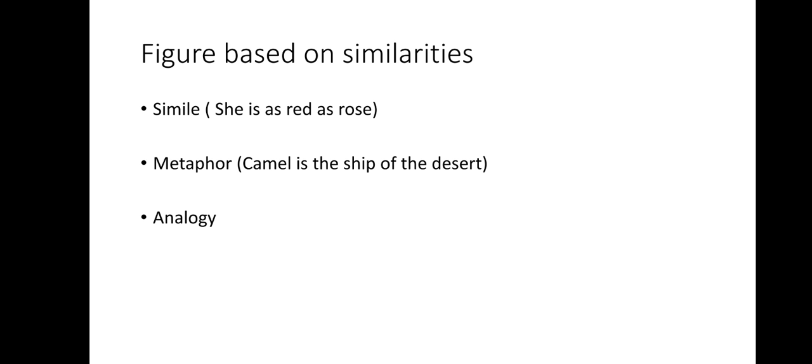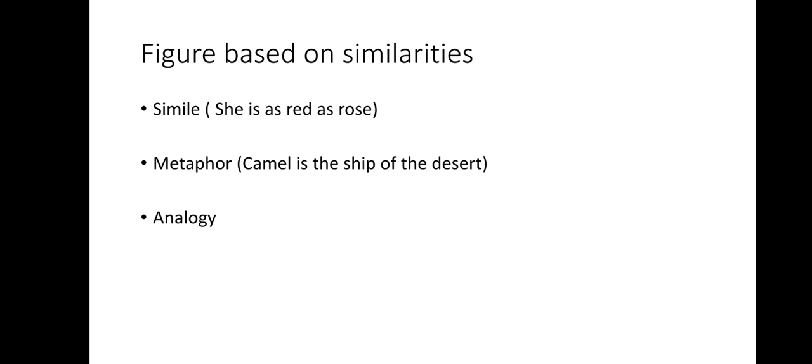When I am comparing the color of the girl with the flower's color, then we can use it as simile. And in simile, we generally use words like "like" or "as". So she is as red as a rose. We talk in that manner. So this is an example of simile.